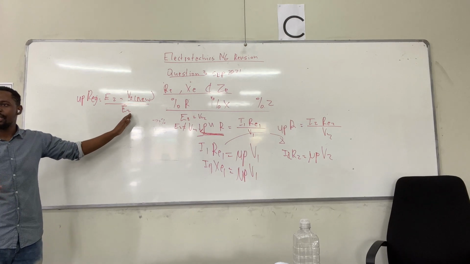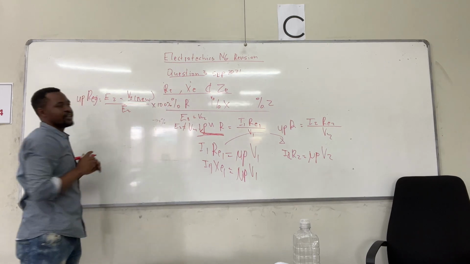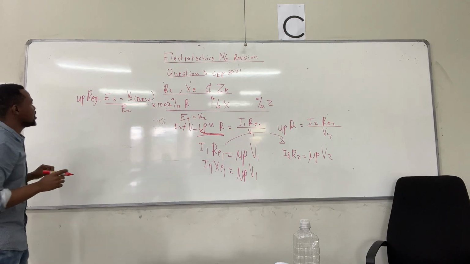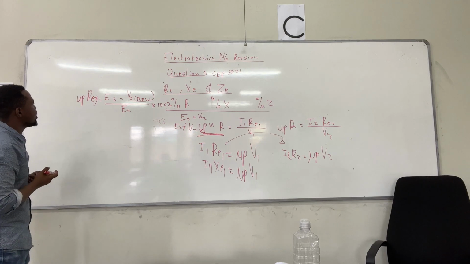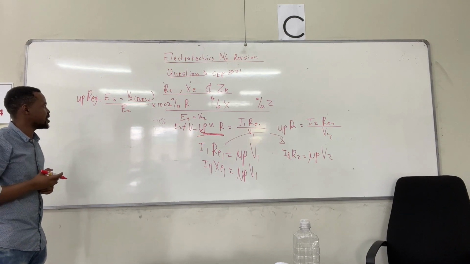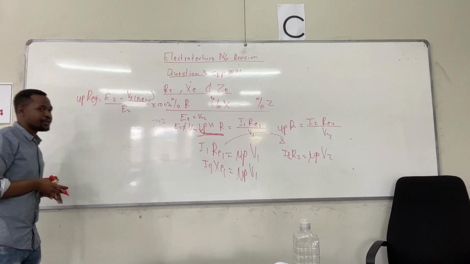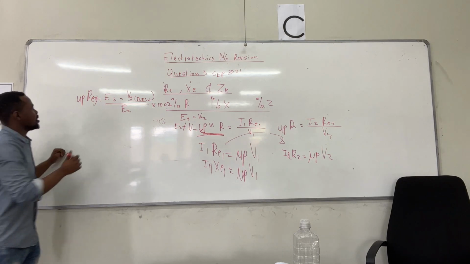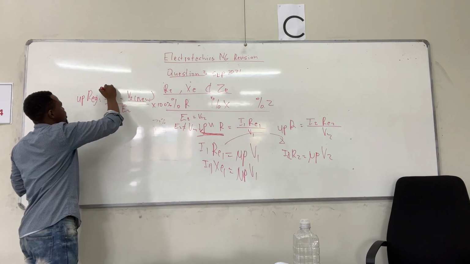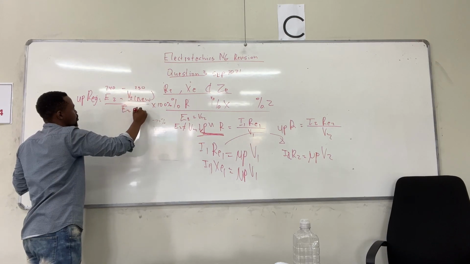Now, a percentage voltage regulation. Basically, guys, for us to say a transformer has good voltage regulation, let's say 240 minus 230 over 240.